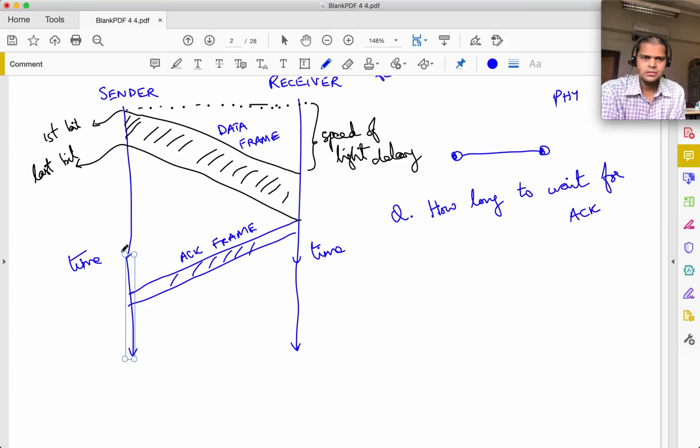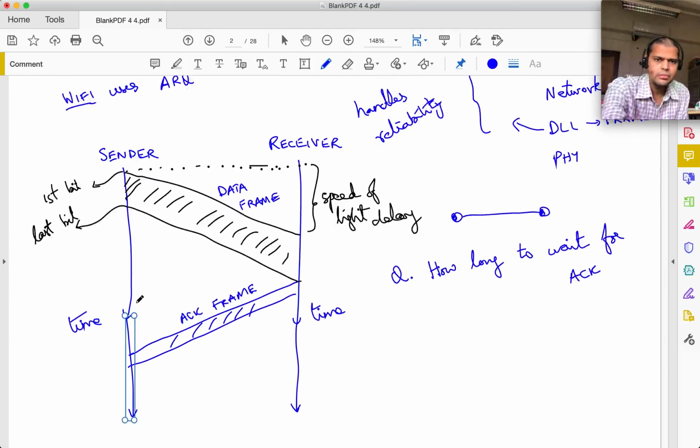So the question is, how long should the sender wait? Because essentially what ARQ is going to do is make the sender wait for a certain amount of time, and if it doesn't see an acknowledgement in that much time, it retransmits the frame. So that's what ARQ is about.